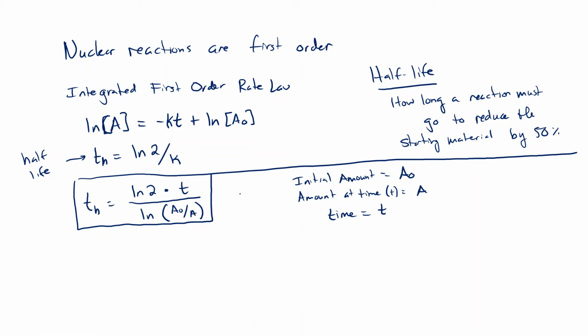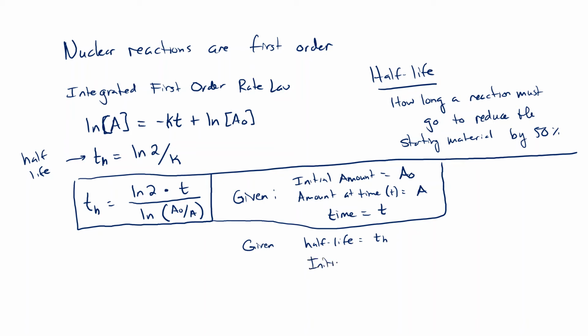Now, other times you might be given the half-life. What if you're given the half-life and an initial amount, and you want to know how much of this material is going to be left after time t?